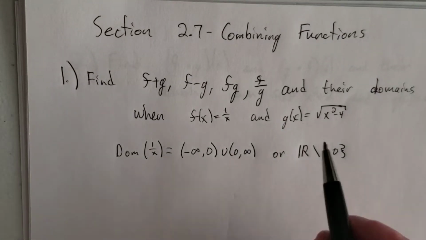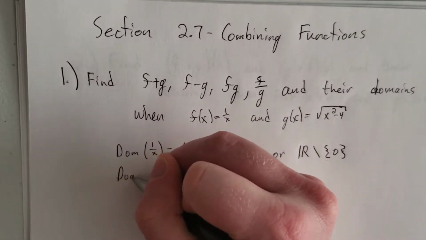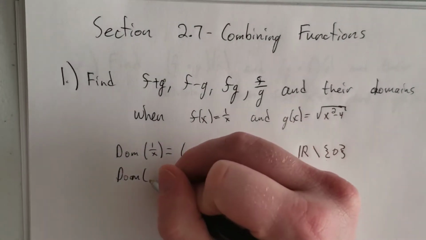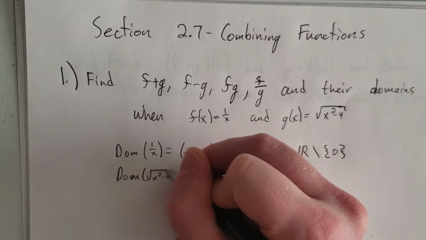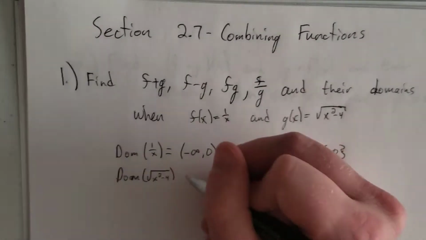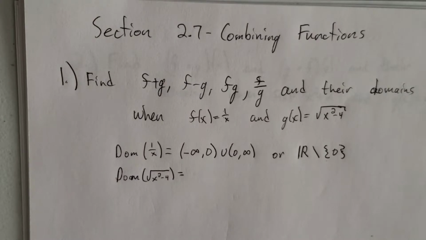So we will also want to know the domain of g of x. So our domain of square root of x squared minus 4. Well, the domain here is all values that make the square root of x squared minus 4 possible to compute. And what does that mean?